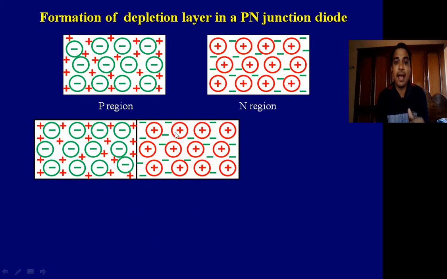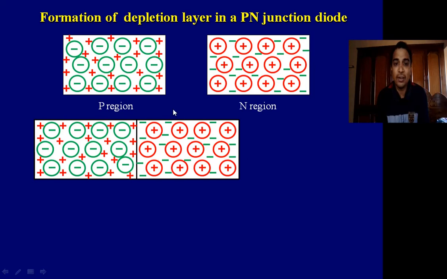When we add these two, adding means making physical contact, these two materials made physical contact. What happens? The electrons on this side are in surplus, and holes mean absence of electrons on the other side.